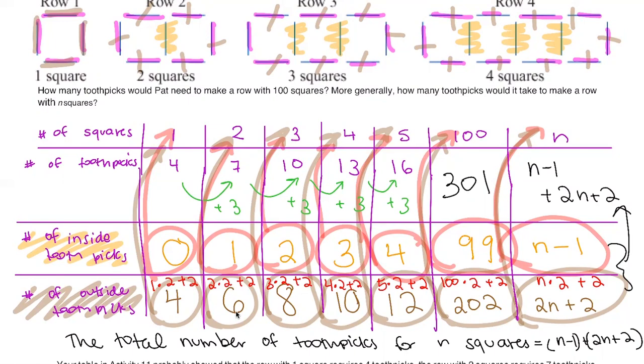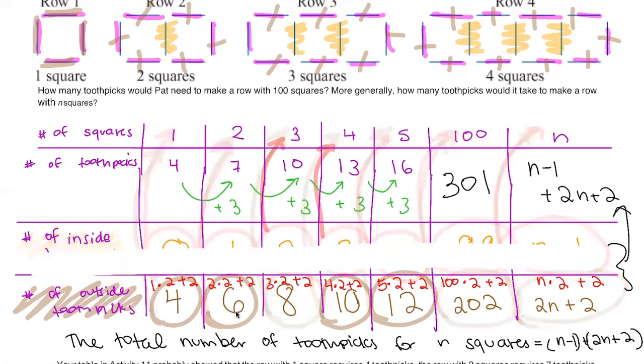And that's really impactful. The model that I came up with, the n minus 1 plus 2n plus 2, is my model, directly relates to the number of inside toothpicks, the number of outside toothpicks. Now, for lack of space, I'm going to need to erase things, and I want to show you the arithmetic sequence. So let's erase this beautiful work we did.